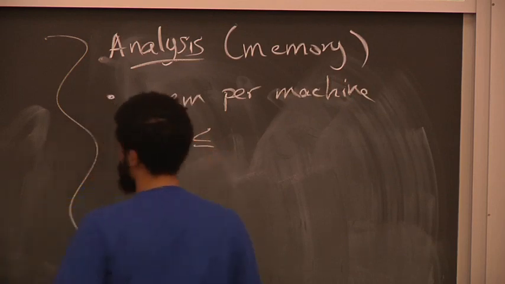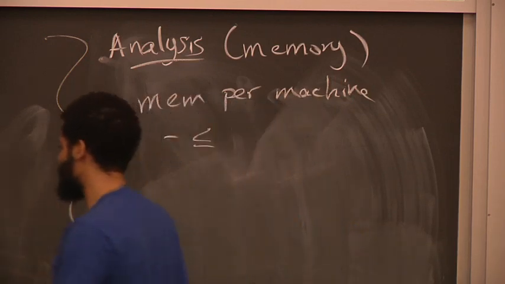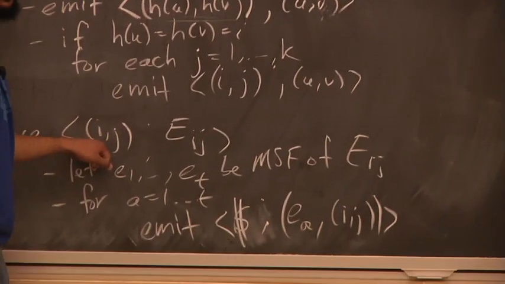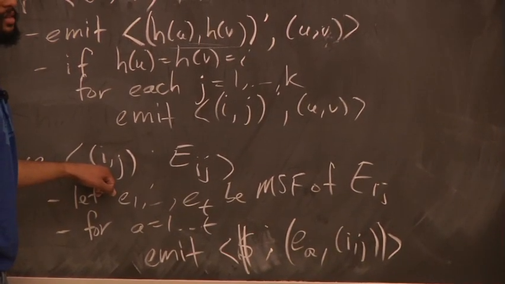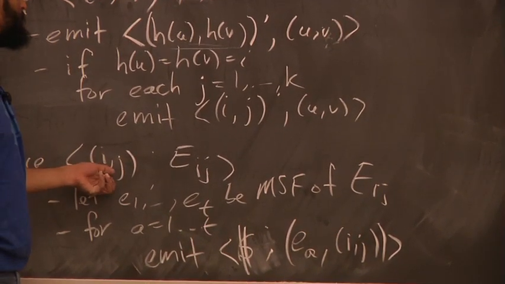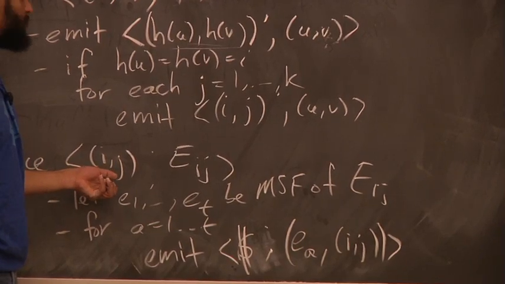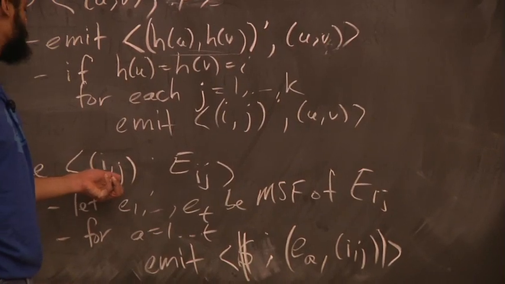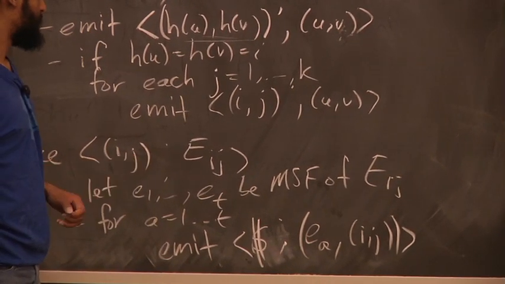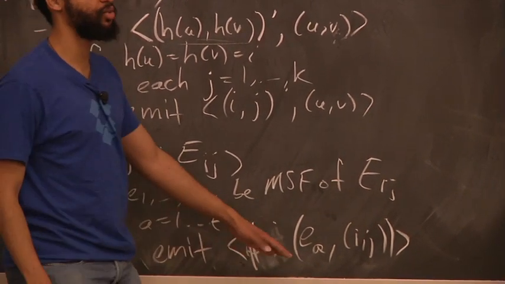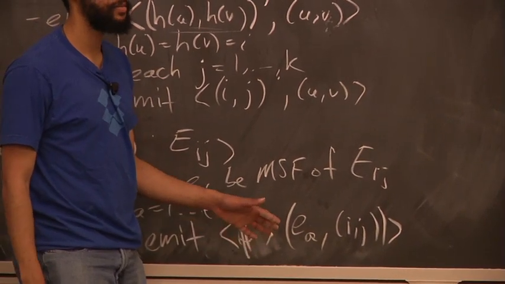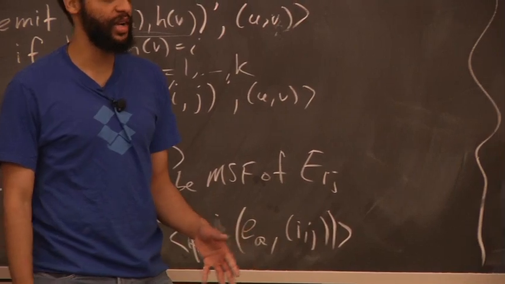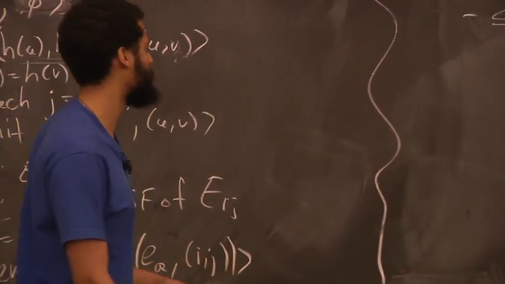Well, that's at most, how many edges are coming out of i comma j, right? If you look at reducer i comma j in round 1, there are k-squared reducers, k-squared reduce keys. Each one of them is giving you the tree of some subgraph. So a tree has at most n minus 1 edges, let's say at most n edges, and there are k squared of them.